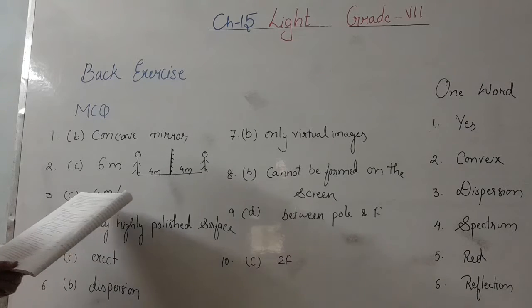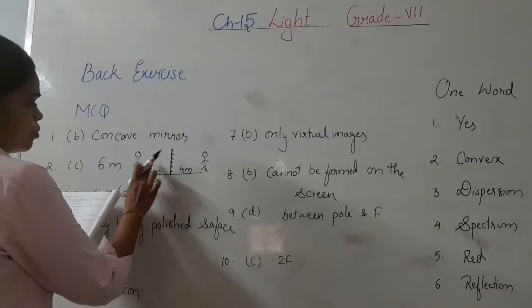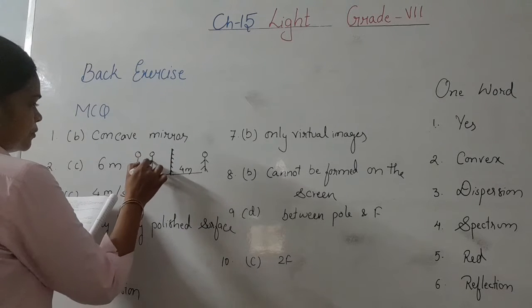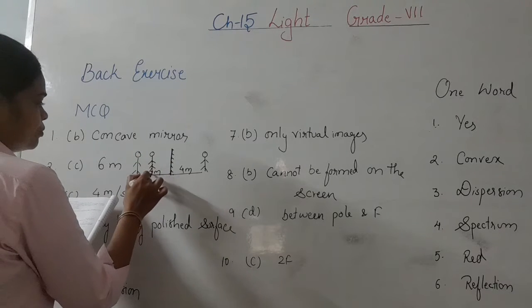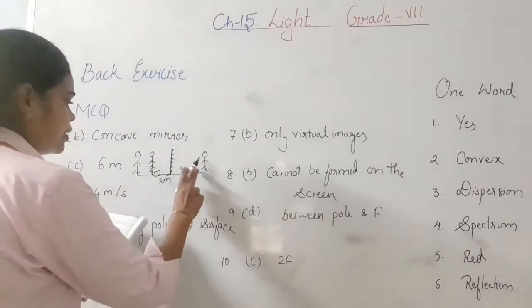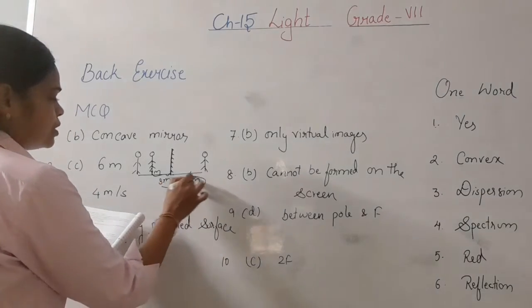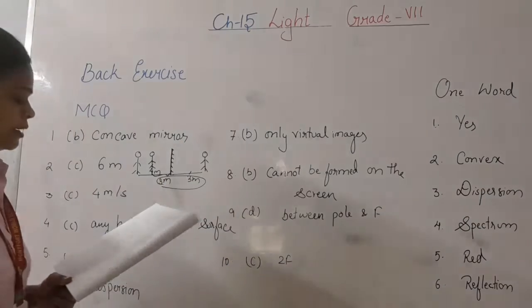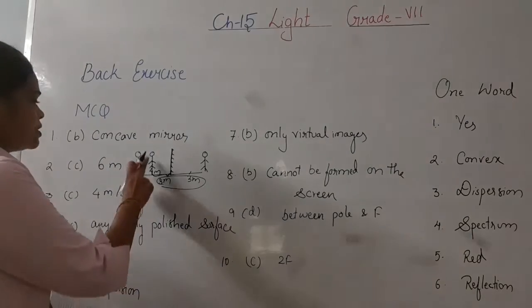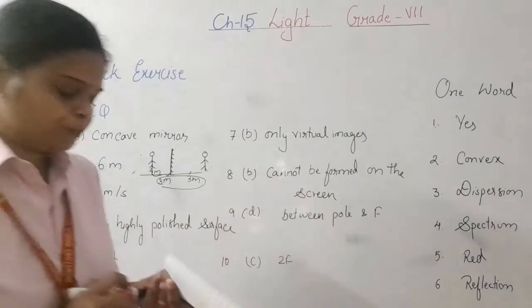If he moves 1 meter towards the mirror, Sonu comes here. What is the distance between this? 3 meters. Then the image will also be at 3 meters. So the total distance between Sonu and the image will be 6 meters.